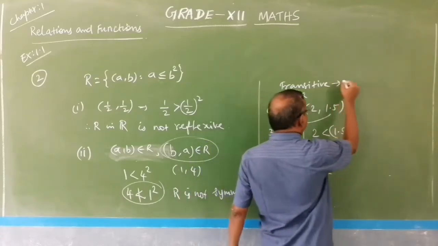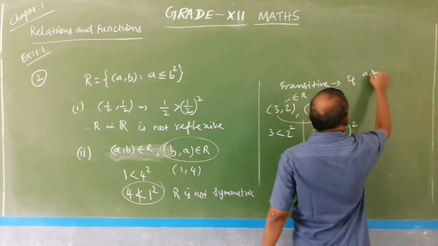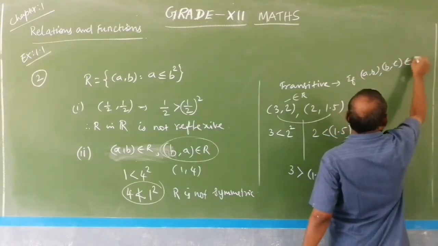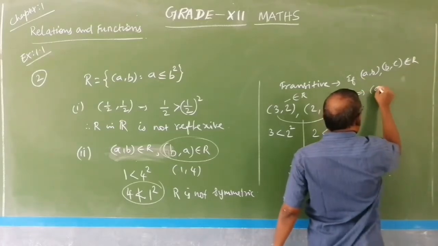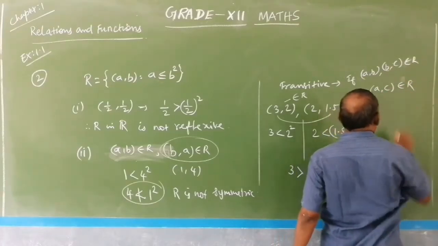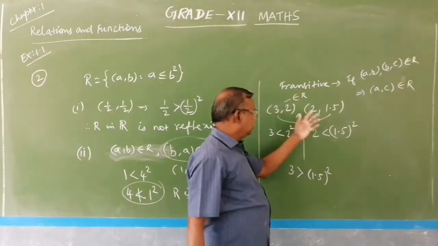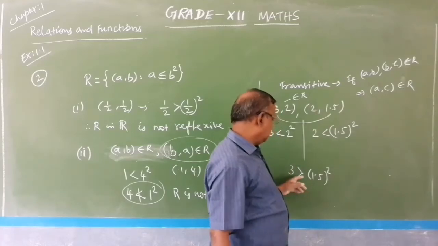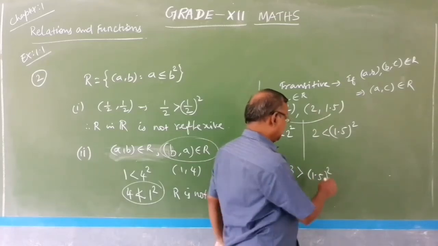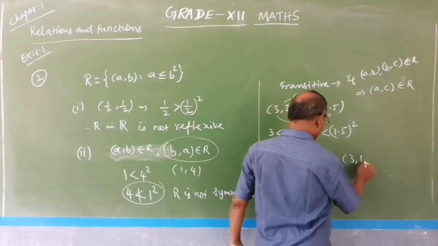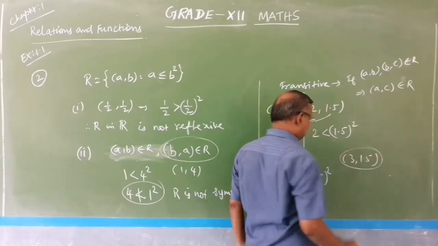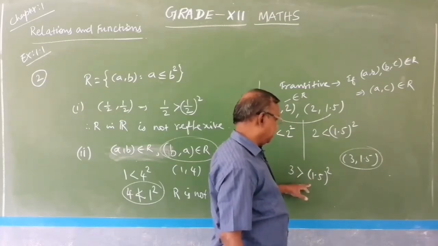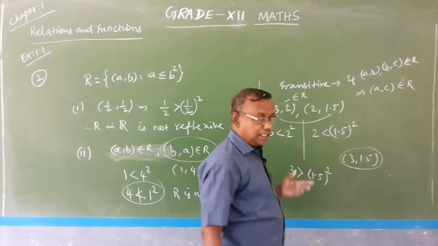For transitive, if (a, b) and (b, c) belong to R, then (a, c) should belong to R. Here (3, 2) belongs to R, (2, 1.5) also belongs to R, but (3, 1.5) is not an element of R, because (1.5) squared is less than 3, that is, 3 is greater than (1.5) squared, so it is not transitive either.